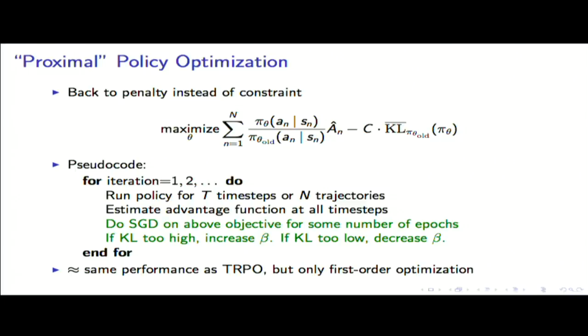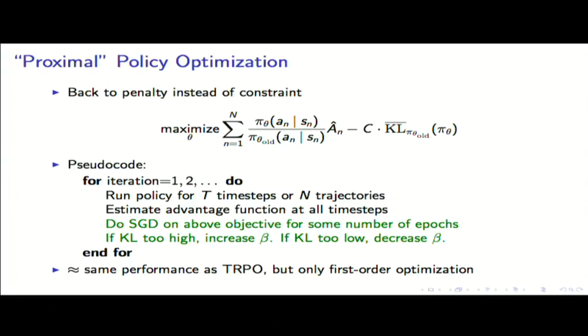You can just adjust this adaptively: you run your SGD, and if the KL divergence is too big, then you need to increase the penalty, so you increase C. If the KL divergence is too small, then you decrease the penalty, so you'll take a bigger step next time. Adaptively adjusting your coefficient on the KL divergence works well enough to keep a roughly constant KL divergence each time you do an update.